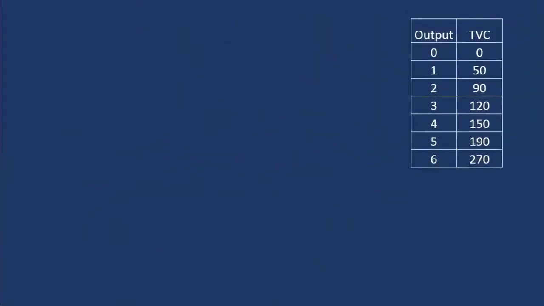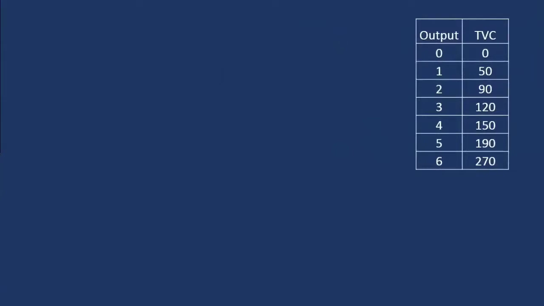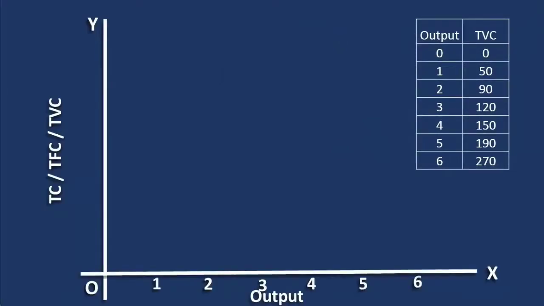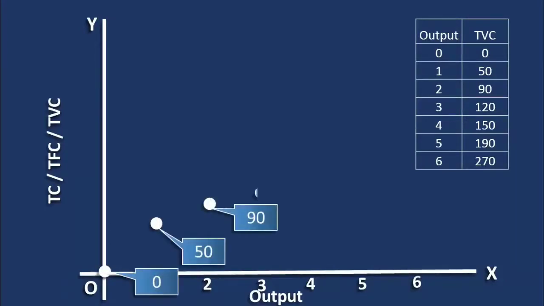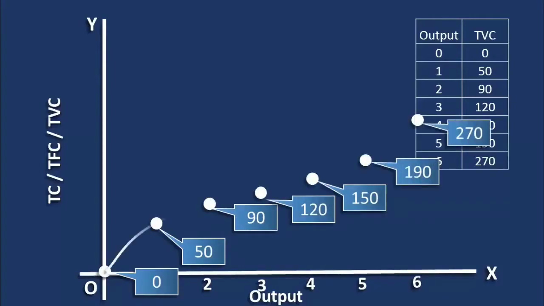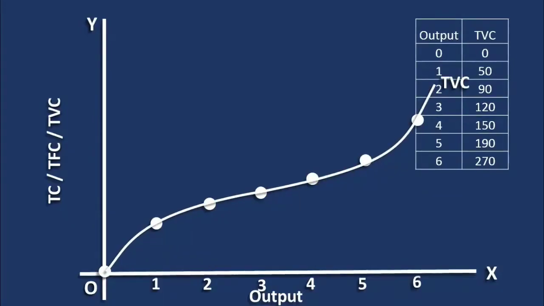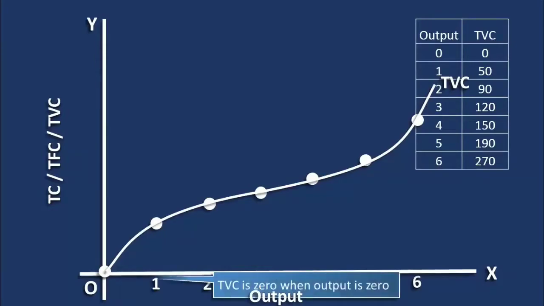Now let us see total variable cost, or we say TVC curve. Now you can see the table is given. The total variable cost increases with every increase in output. The points are plotted in the diagram, and when these points are joined we get TVC curve. Now let us see some of the characteristics of TVC curve. TVC is 0 when output is 0.